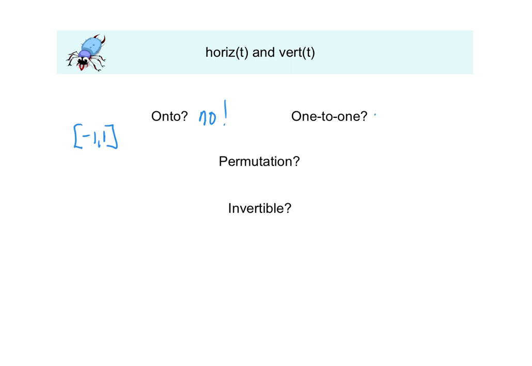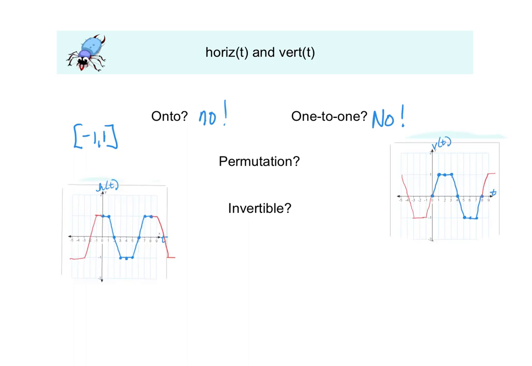Is it 1-to-1? No. To be 1-to-1, it would have to pass the horizontal line test. To be 1-to-1, I can't have more than one x value mapped to the same y value. So you can see here, this is absolutely not 1-to-1. It doesn't pass the horizontal line test. I'm going to draw myself a horizontal line so you can see this is the v of t.